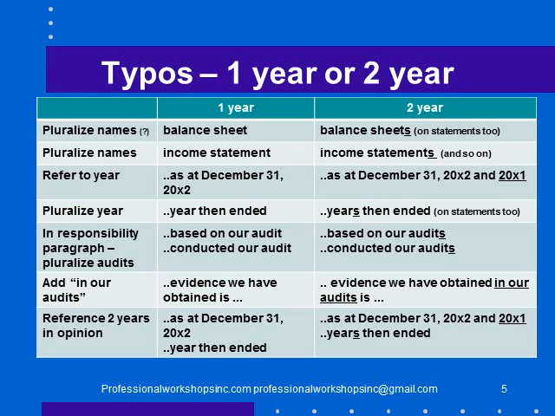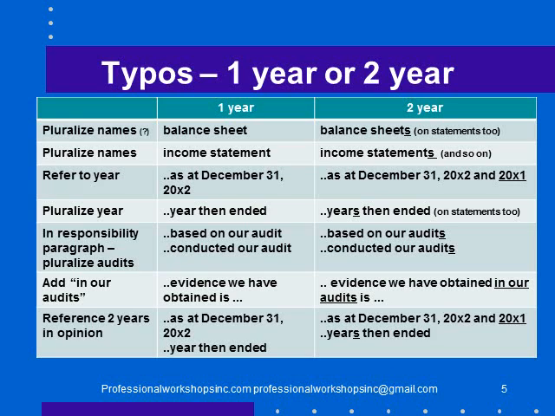And the auditors who had not put an S on the balance sheet all put S's there. The other phrase that's added, and you've got to be careful about, if you're just doing a 1-year audit, you say the evidence we have obtained is sufficient and appropriate. And in a 2-year audit, you say the evidence we have obtained in our audits is sufficient and appropriate. And that, again, everybody did.